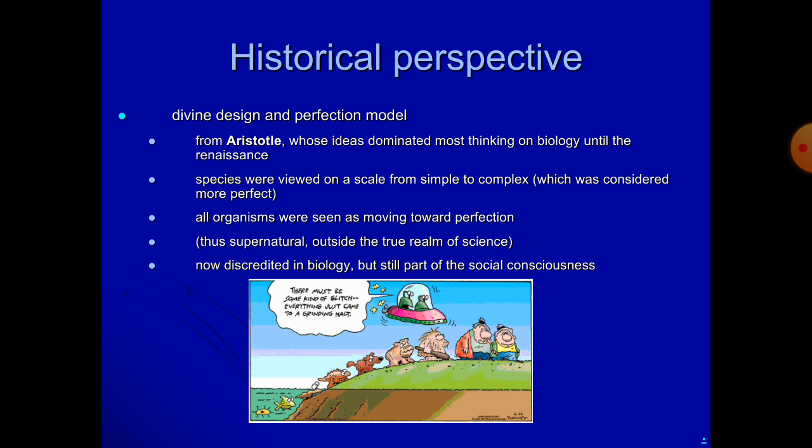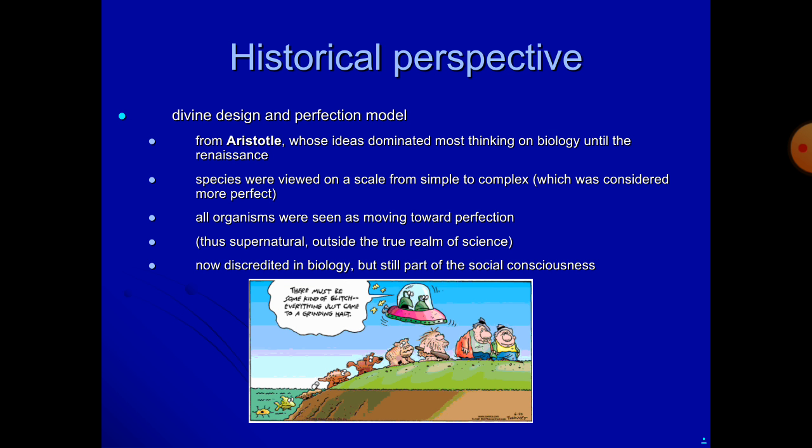Under historical perspective, we have the divine design and perfection model, the idea that dominated most thinking on biology, which is under Aristotle during the Renaissance. Species were viewed on a scale from simple to complex, and the complex was considered more perfect.